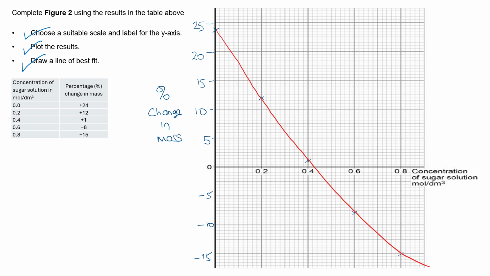Once you've done that, you need to work out then what one little square on the graph paper is equal to. To do this, pick 2 points on your y-axis and count how many little squares are between it. So for example, between 0 and 5 there are 10 little squares.